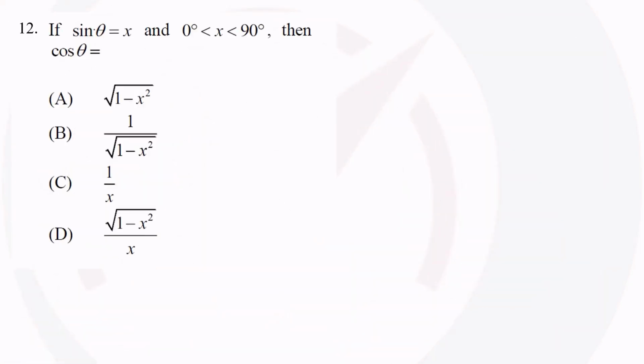Alright, so if sine of the angle is equal to x, and x is a value between 0 and 90, then cos of the angle would be, alright, so let's draw a triangle. Let's call here theta.